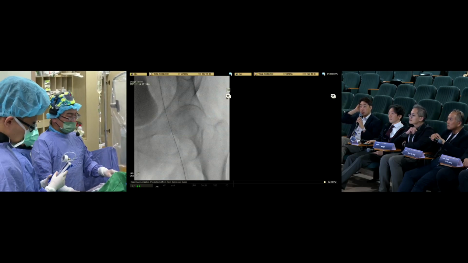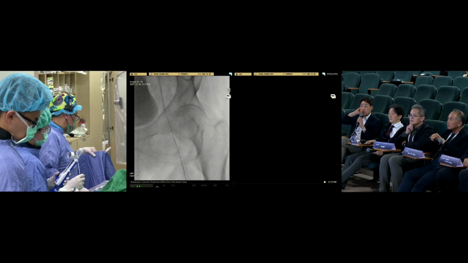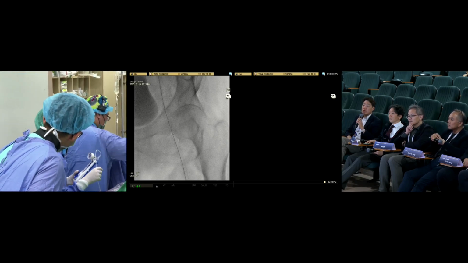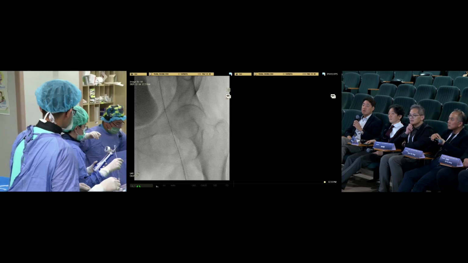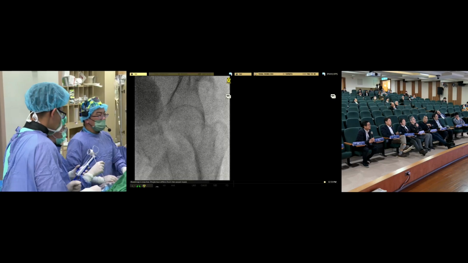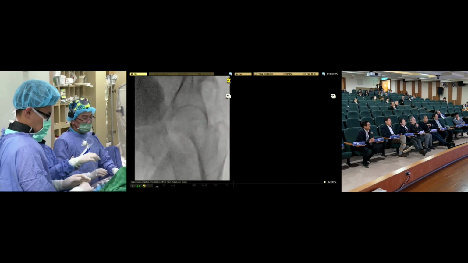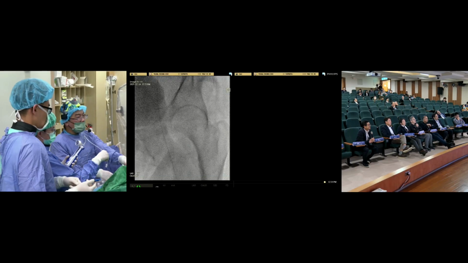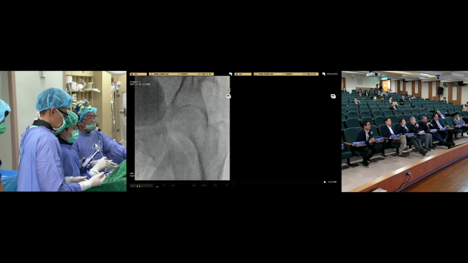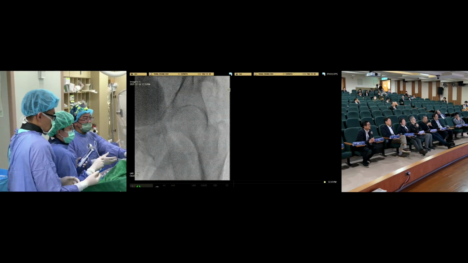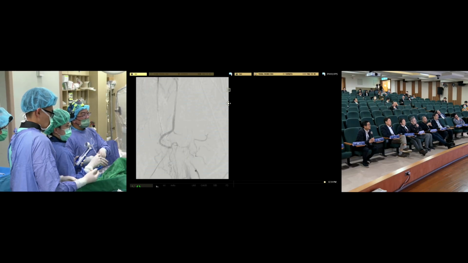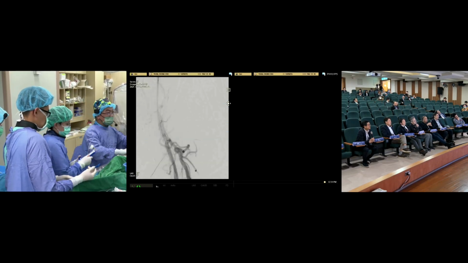Is it possible to get something like 50 degrees or 60 degrees angulation? I think that'd be better to see the orifice. Okay. 60. It's 60.